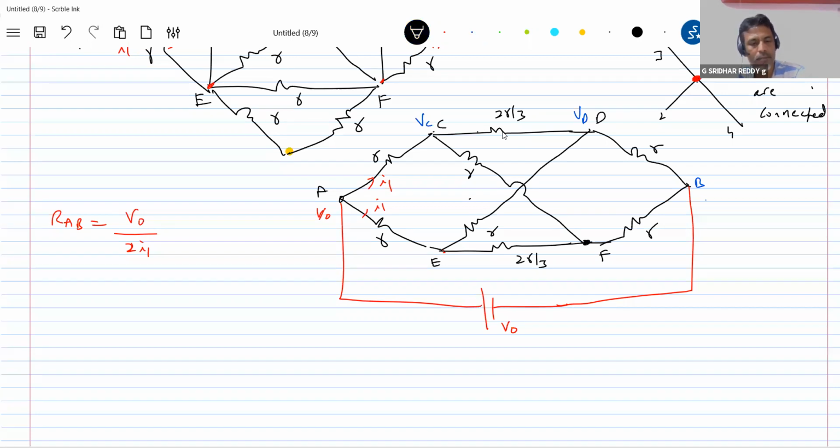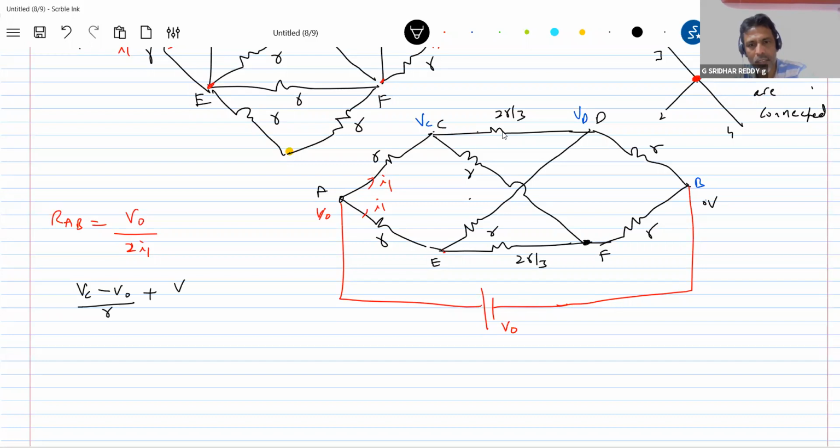Okay, fine. So how to write it right now? Can you write nodal analysis for VC? I think we have to write for VD and this will be 0 volt. Let me assume. So (VC minus V naught) by R plus VC. What about the potential?